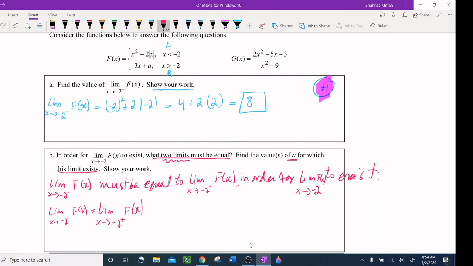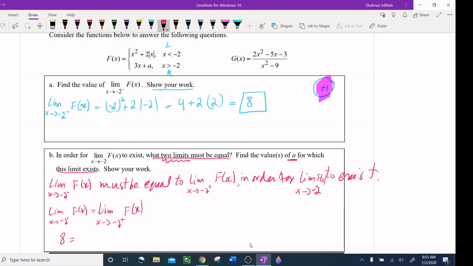Now you go ahead and plug in. So I'm going to plug in -2 from the left, which we already got 8, so I don't have to do this again. When you have different parts of the question and you already answered one part and you need that part in another part like this, then you don't have to redo all this stuff.